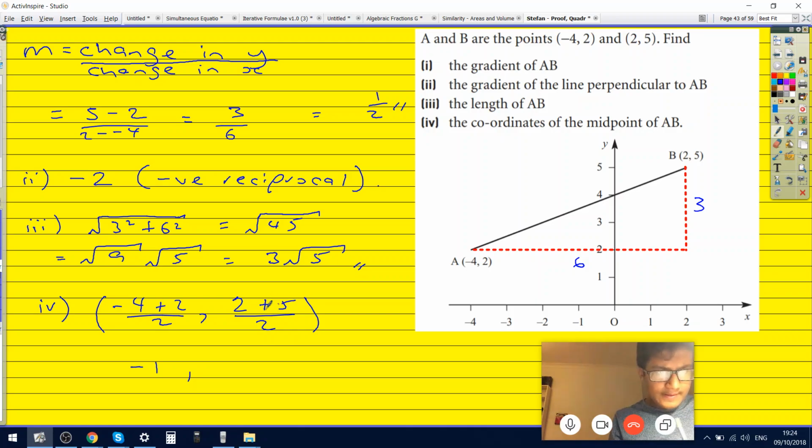I don't think so. No, wait. So the way you find the midpoint, it's like the average of the x's and the average of the y's, like the mean average. So it's basically just add the two numbers and half it. Oh, right. Okay. And so I'll write a formula. And so you add them both, right?